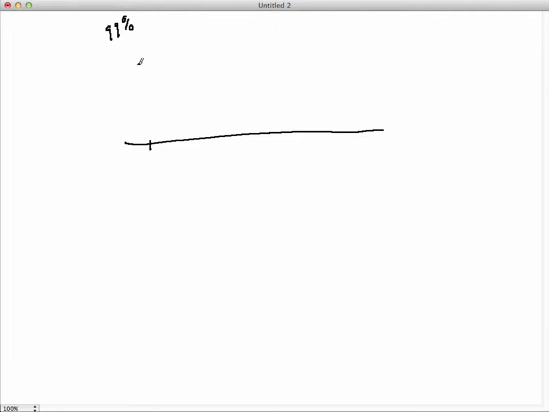Since they set a 99% confidence interval, what that means is that the z stars that were calculated set the width of the interval so that if we take our x bar and we add to that the z star. Notice that z star came from the 99%. I will draw you a normal distribution over the top.